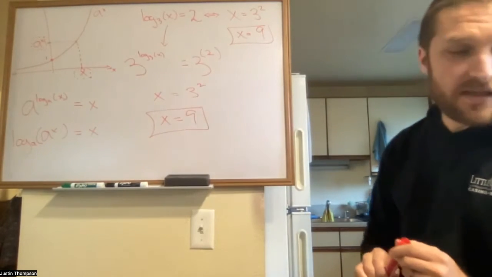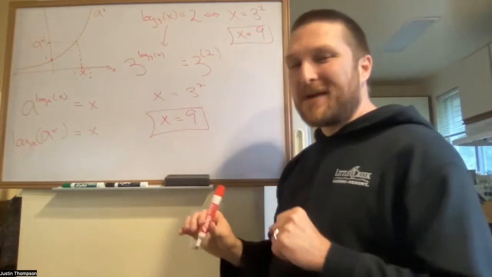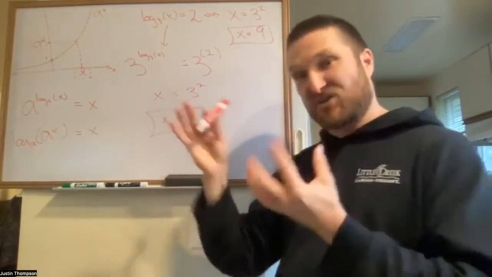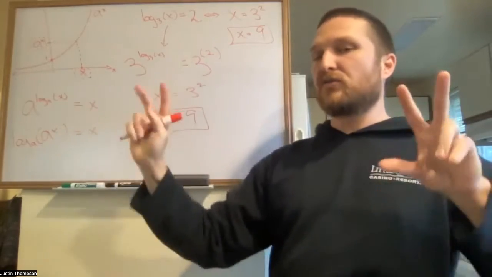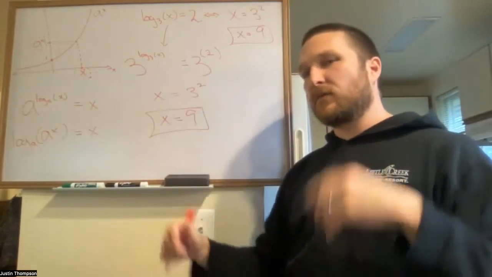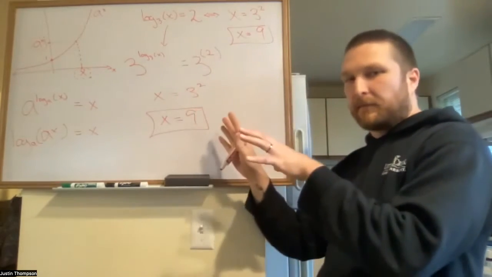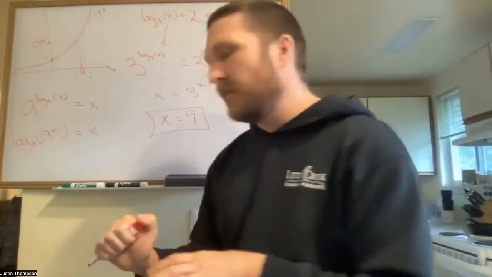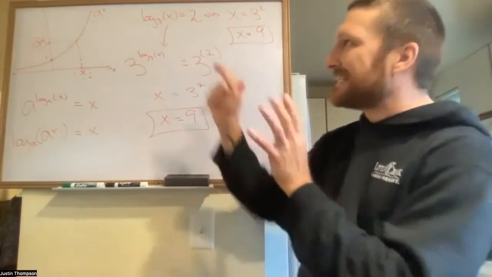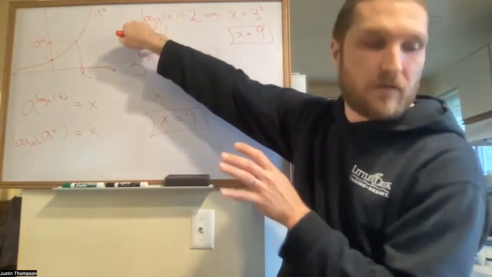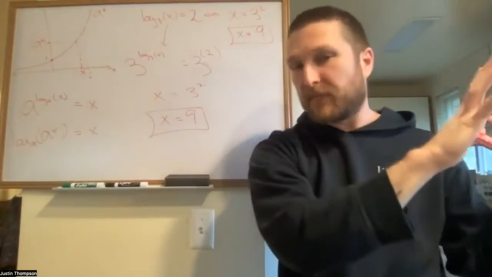Okay, so back in the day when you had an equation involving, let's say, a square root, you would get that square root all by itself, and then you would square both sides. In other words, you would undo whatever square root did. This is the same thing. In this case, it's every single equation that you're getting, it's just log of something equals something.